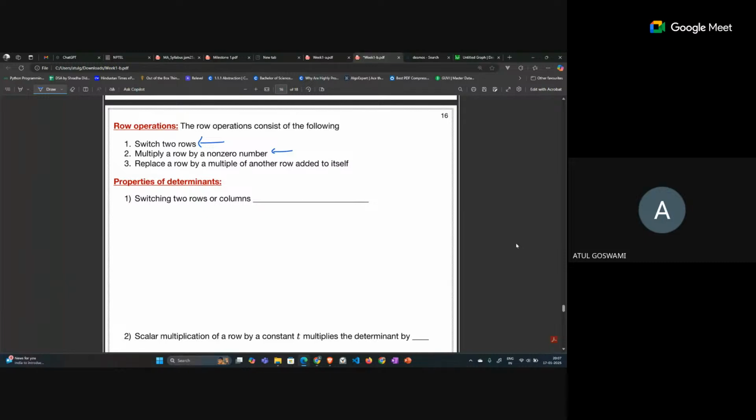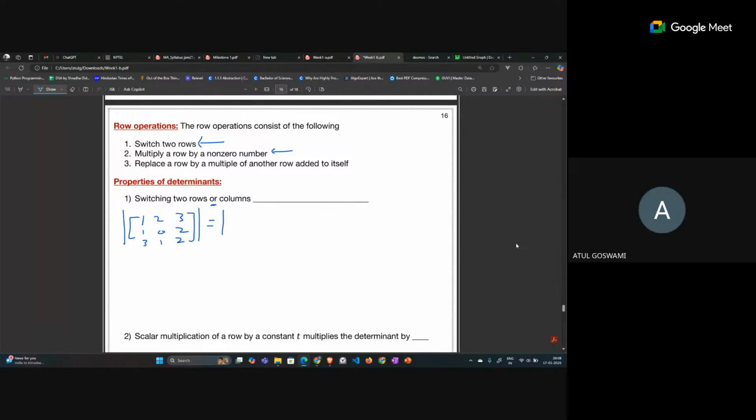First is switching two rows or two columns. We cannot switch rows by columns, because that would be transpose. We are talking about, suppose, the matrix 1 2 3, 1 0 2, 3 1 2, and we are finding its determinant.